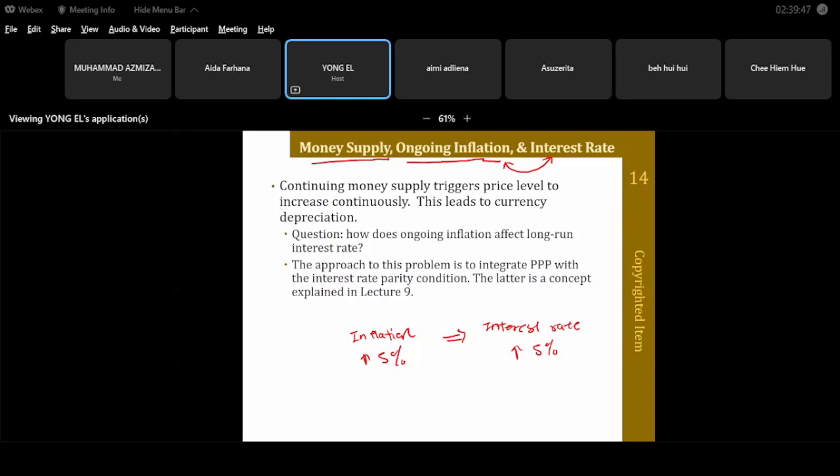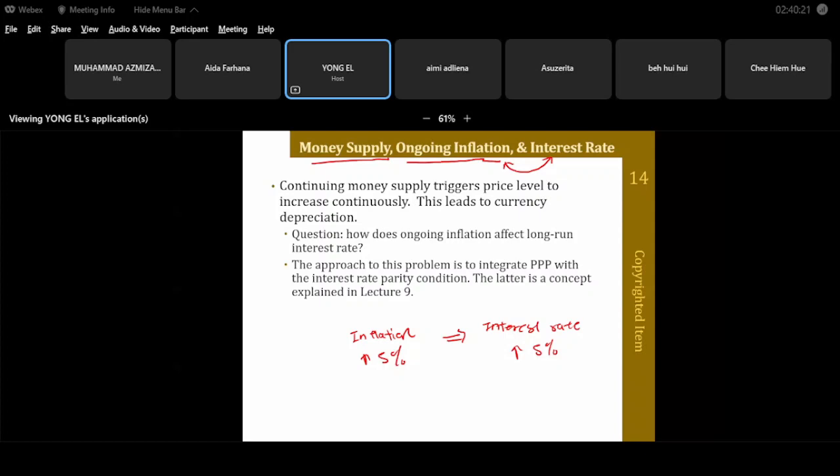In recent cases, since last year, I believe, have you noticed that the Central Bank of Malaysia decided to raise the interest rate, I believe for fixed deposit from 1.5 to 1.7 to 1.95, until now it's 2.45% for the overnight interest rate.